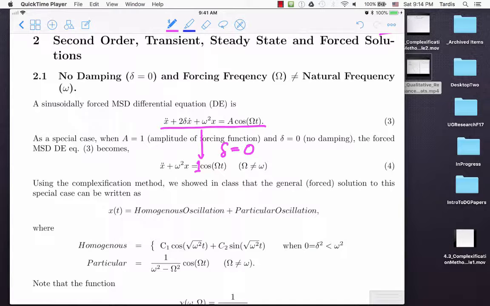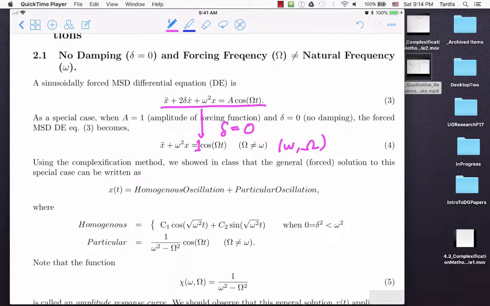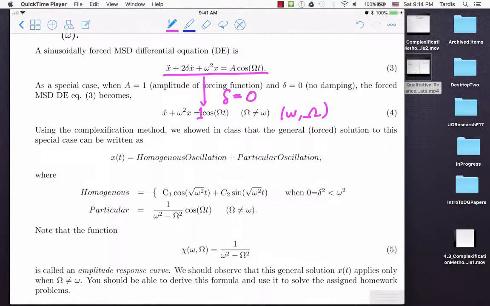Now we have just omega and capital Omega as the only things that can change in this problem. We can see here that our homogeneous solution, because the eigenvalues come out to be purely complex, is going to be C1 cosine omega t plus C2 sine omega t for this differential equation.